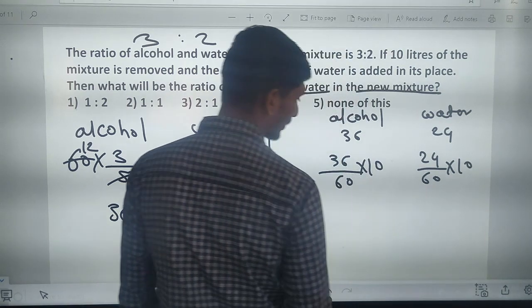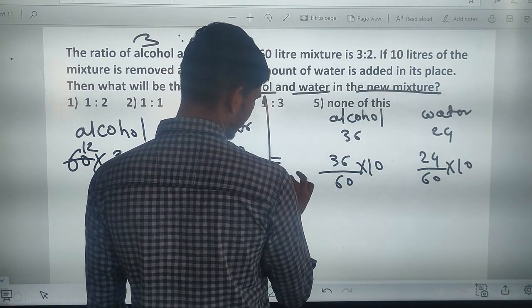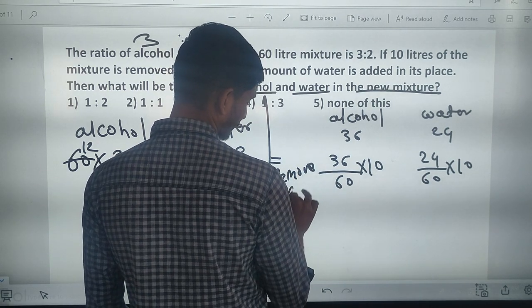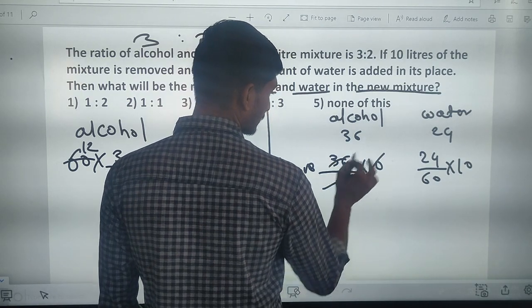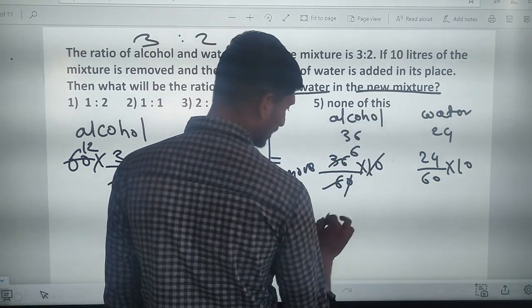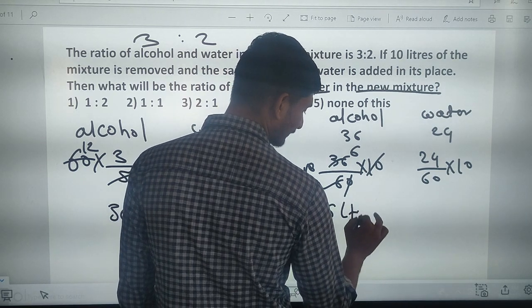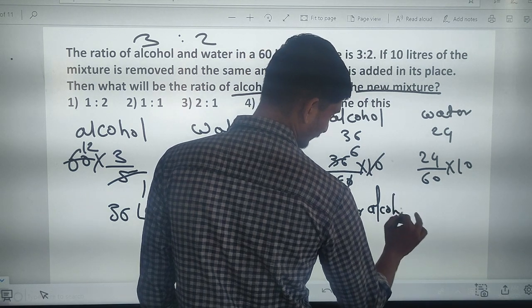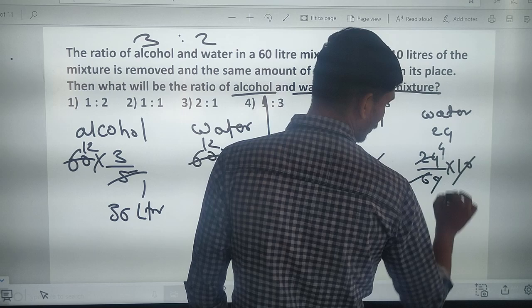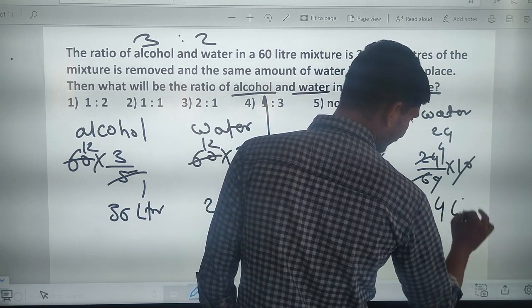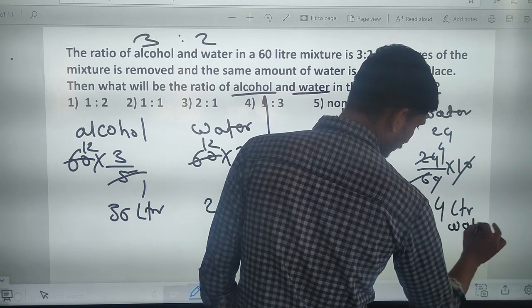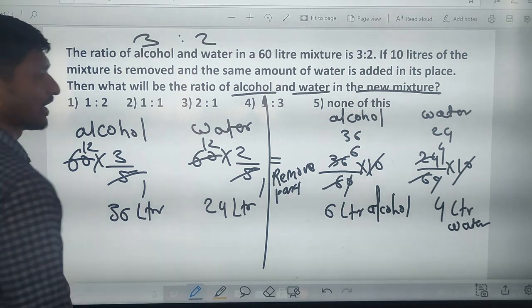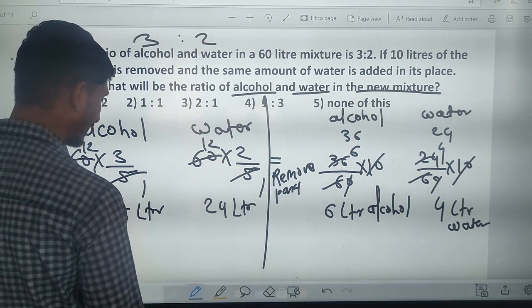Here the removed part: we remove 6 liter alcohol and we remove 4 liter water. Now initially alcohol and water.